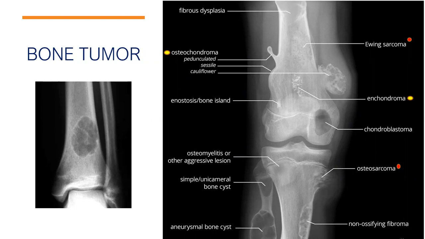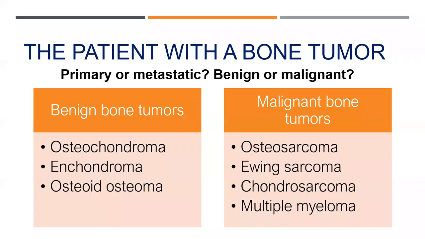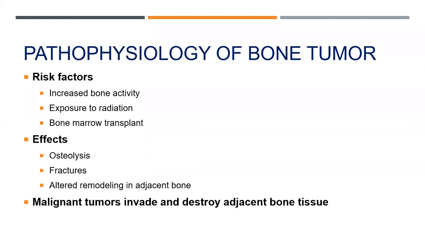We're not going to be asking you to specifically know which individual type is what, but you will need to know that they can be malignant or that they can be benign, and that the worst is osteosarcoma.